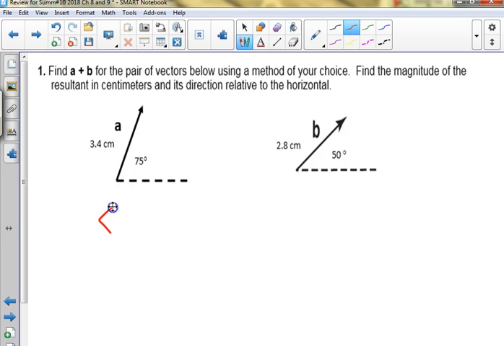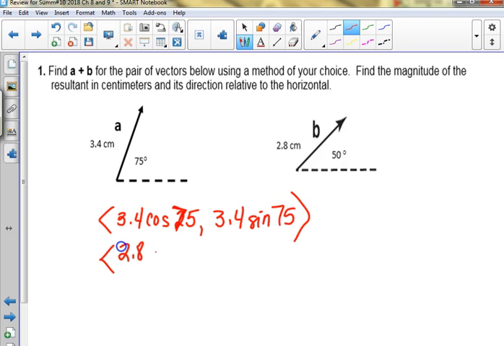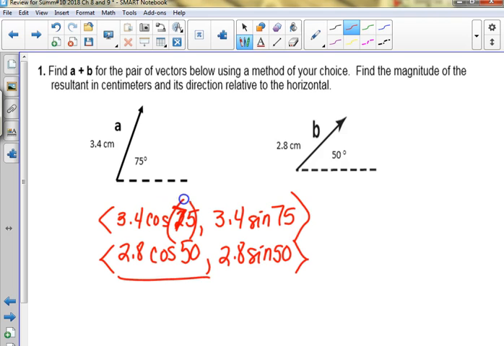Yeah, I would just do 3.4 cosine of 25, or 75, sorry, I can't read. 3.4 sine of 75. But I wouldn't even bother to do that. I would just add it together with the other one as I go. So I'm going to add these together. And then I'm going to add these together and end up with two components.